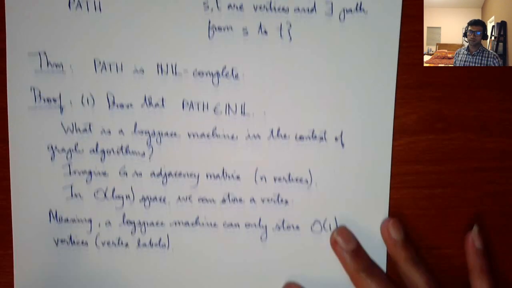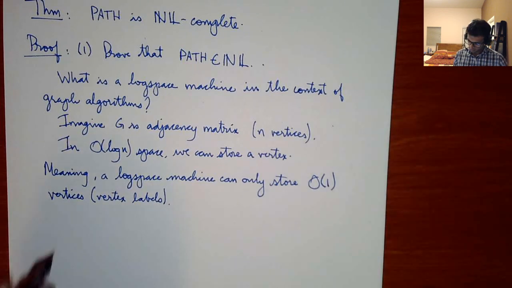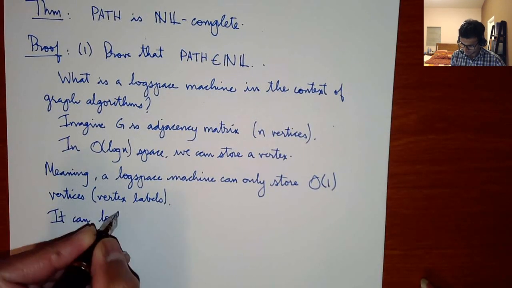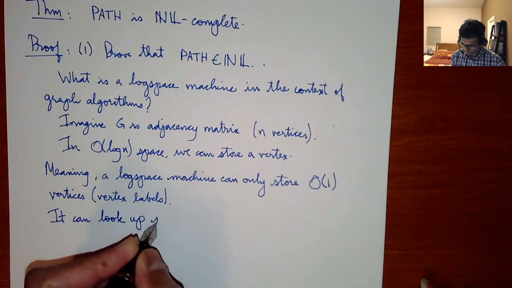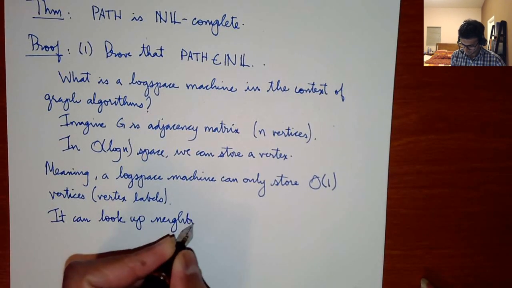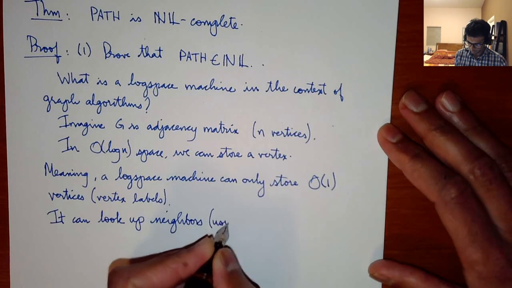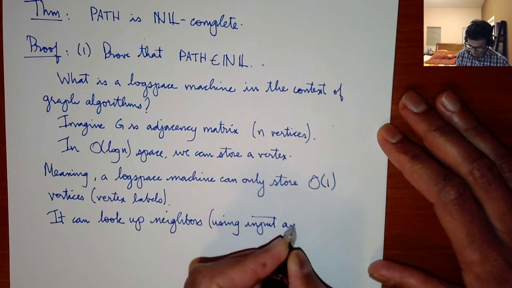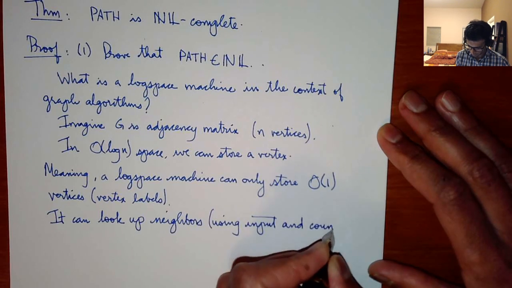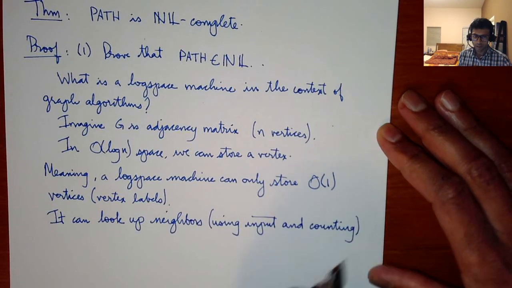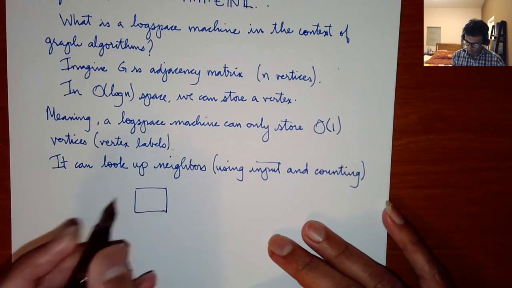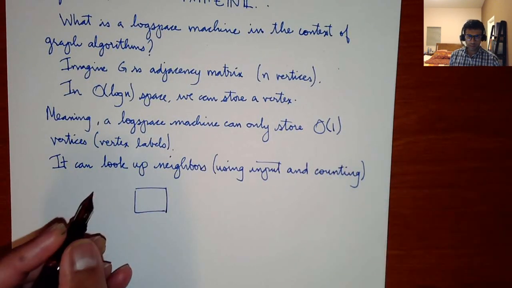And it can look up neighbors using the input and counting. So what does a log space machine do? It can look up neighbors.